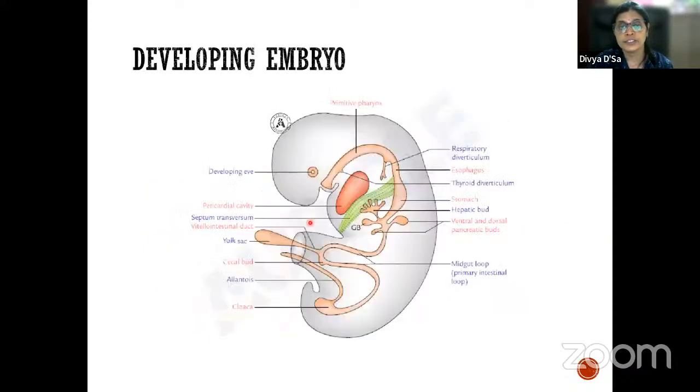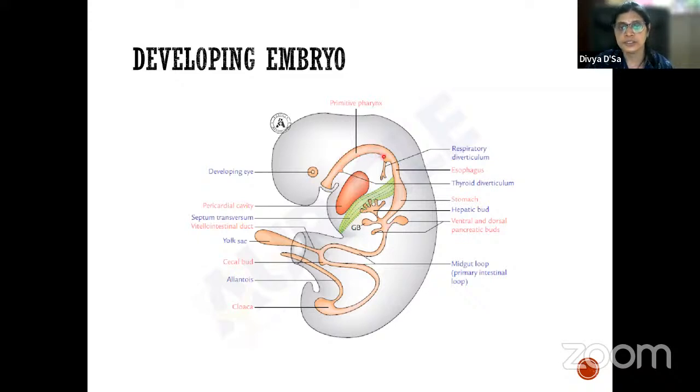So now in this region, what happens in the foregut region as the embryo is developing further? There will be this laryngeal diverticulum, from which the entire respiratory system is developed. Whereas below that will be the esophagus and stomach developing. Now, above that will be the primitive pharynx, that is from the foregut.